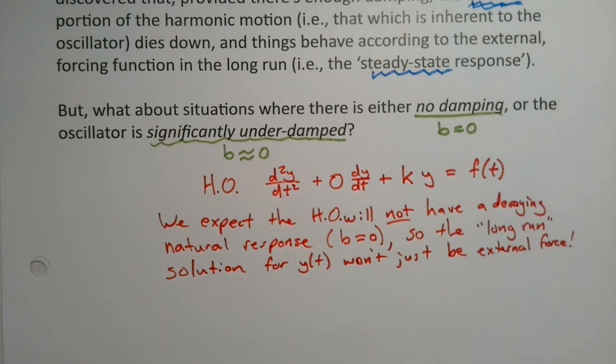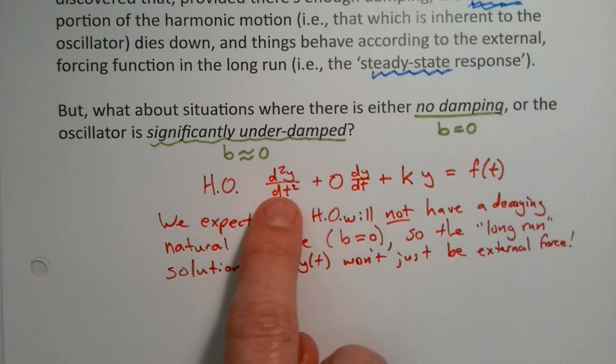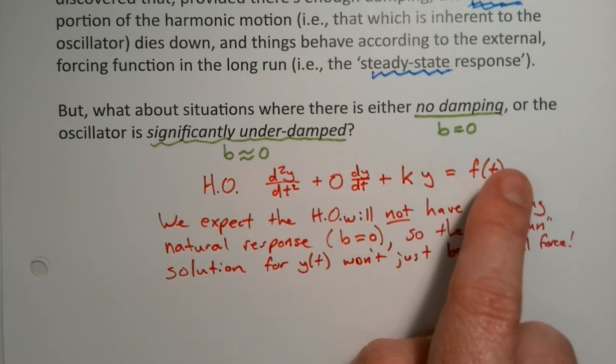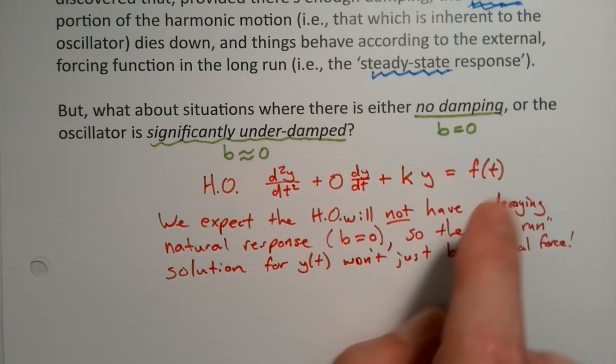In other words, we expect the long-term behavior to very much depend upon the relationship between whatever's going on here with the harmonic oscillator and whatever's going on here with the forcing function.